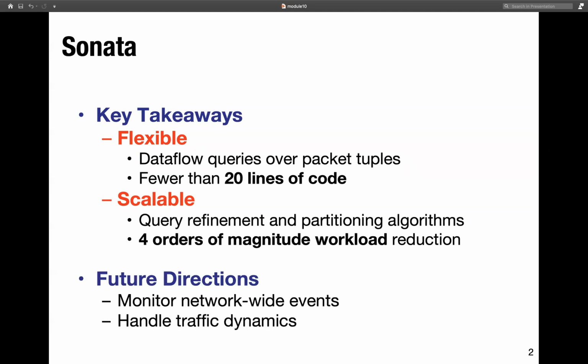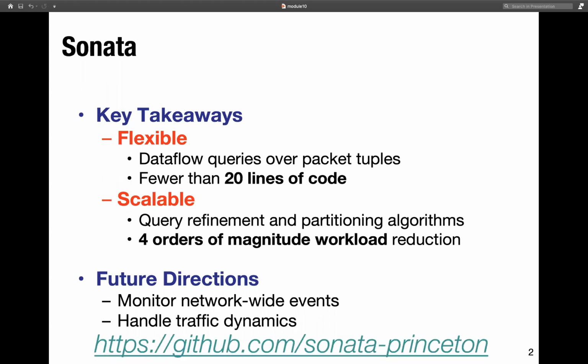Maybe the last two points are not as interesting or useful for you, but I want to give you a sense that Sonata is just a small step in a bigger research agenda about building these types of systems. So Sonata is good, but it's not so good. It's not able to handle dynamics, both in terms of the workload handled by Sonata, and also the workload in terms of the queries that it can run, right?